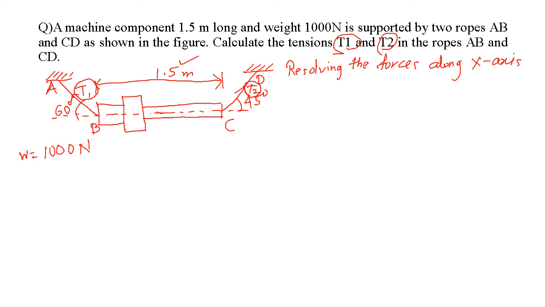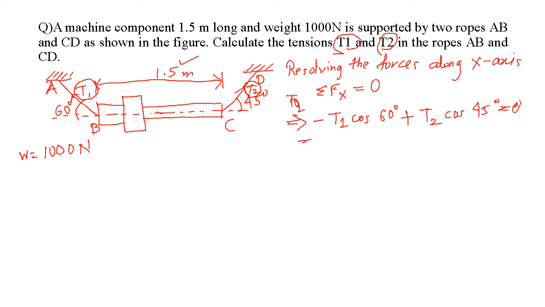Summation Fx equals 0. We get minus T1 cos 60 degree plus T2 cos 45 degree equal to 0, or T2 cos 45 degree equal to T1 cos 60 degree.